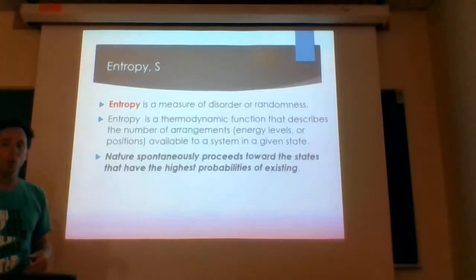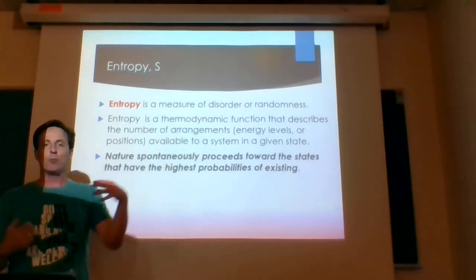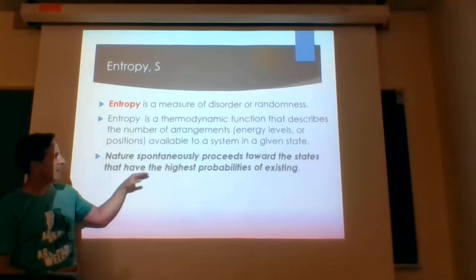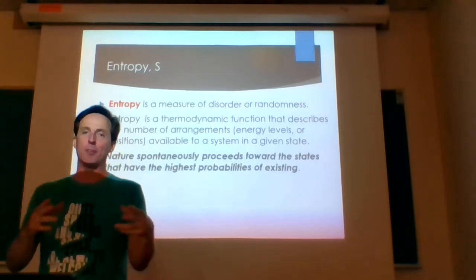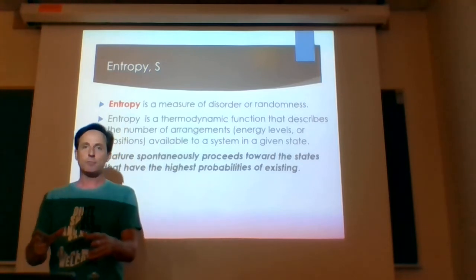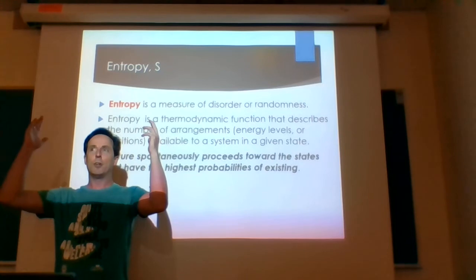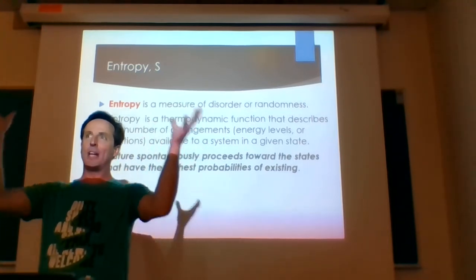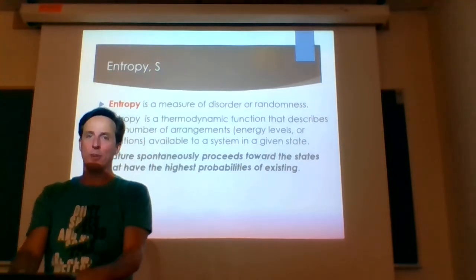So, when we say that nature spontaneously moves toward disorder, really what we're saying is nature spontaneously will proceed toward the states that have the highest probabilities of existing. Okay, so imagine I walk into my bedroom and I have a stack of clothes sitting on my bed and they're all nicely folded. If I pick up the stack and just throw it up in the air, everybody knows that the chances of the stack landing folded perfectly back on the bed is almost zero.